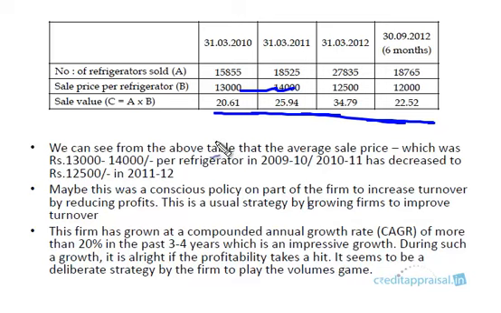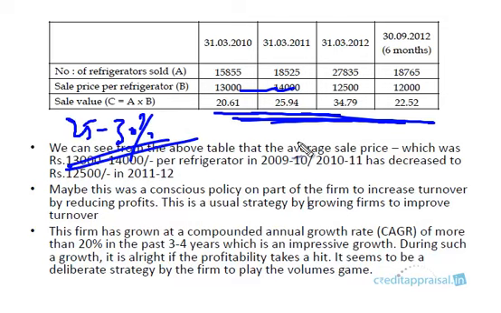So it will be a deliberate strategy, and we have also seen this company is posting a very strong growth rate in terms of turnover, around 25 to 30% for the last 3 years. This strong growth rate maybe is possible because the company is slowly taking a hit on the margins front. So maybe it's like this. Cost wise the company is doing okay.